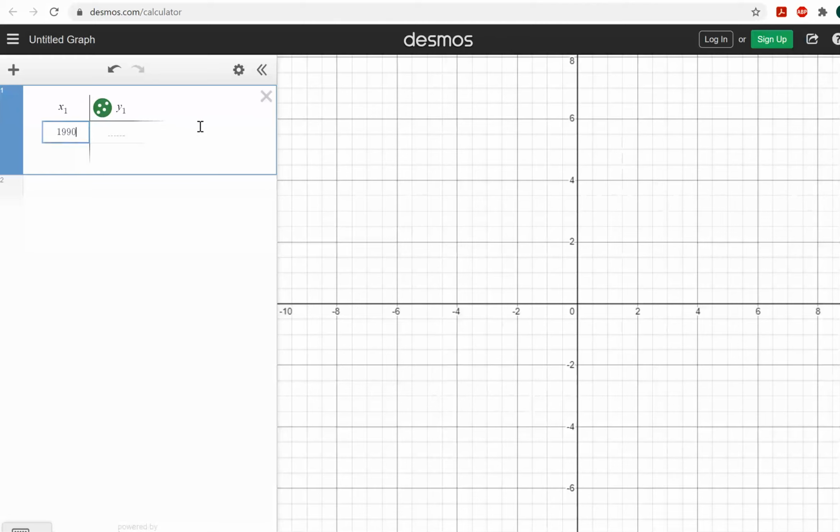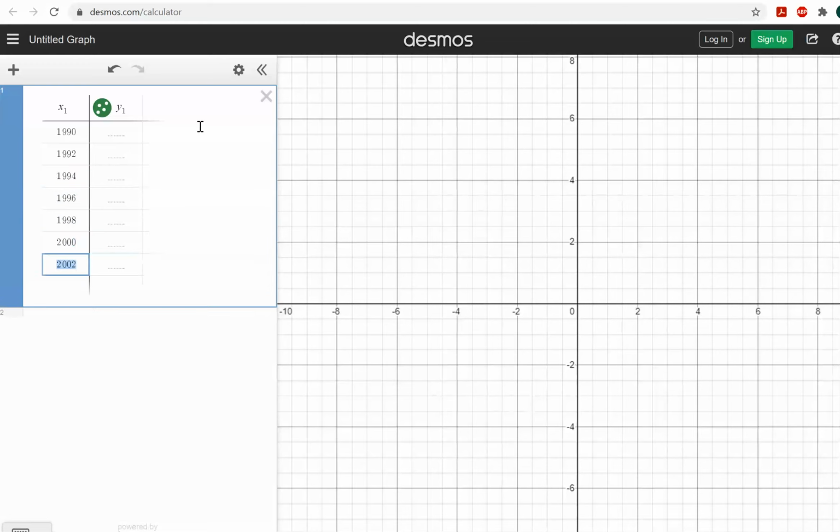So 1990, 1992, and then, I love this about Desmos, it gets the idea of the trend that you're following. Since all of our years jump by 2, you can just start hitting enter, and it will fill in those dates for you. And we want to go to 2008. Alright, so that's all filled in.